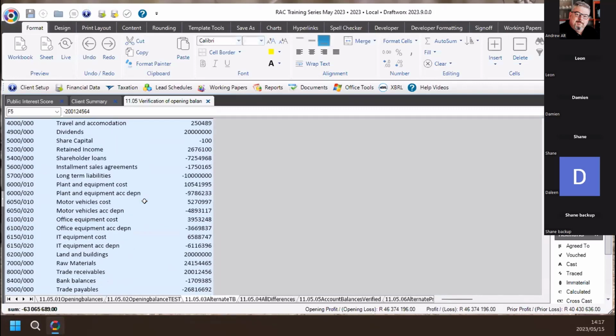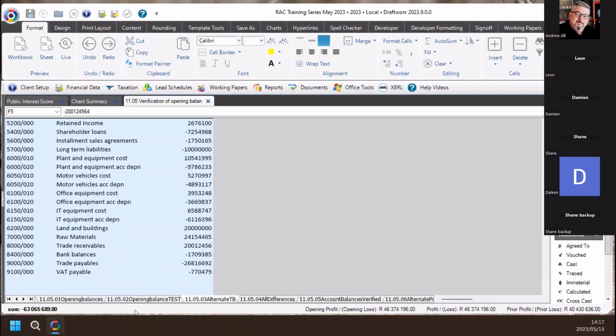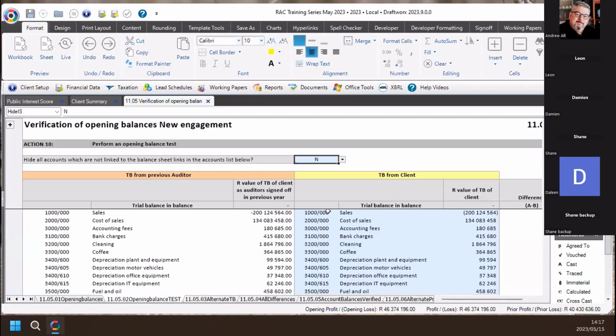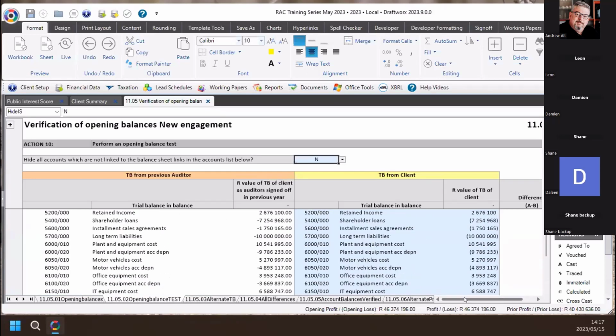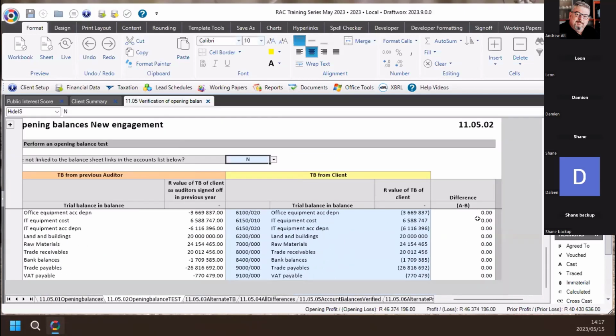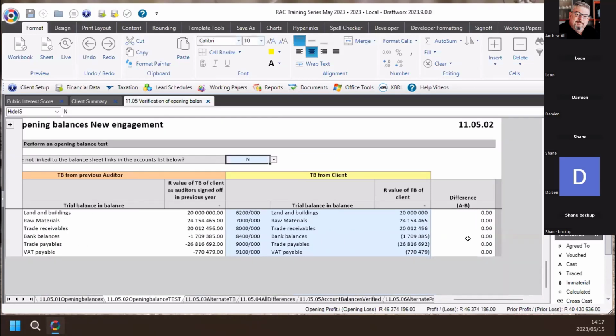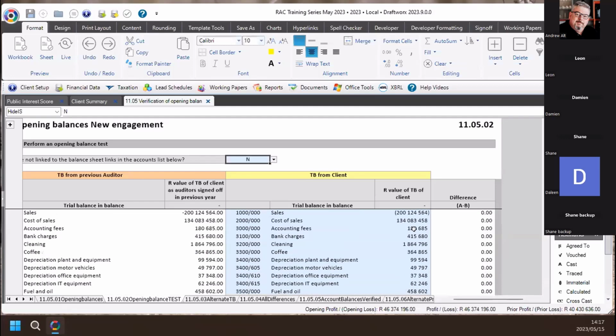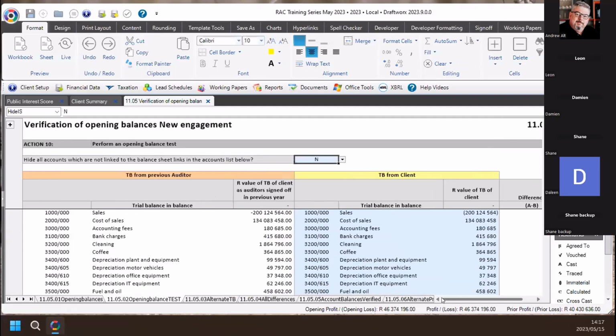Now, because I imported the corrected TB, it's immediately finding a link for every single item on this. And on the far right, you'll see that all my differences are 0. But folks, this formula is quite clever.